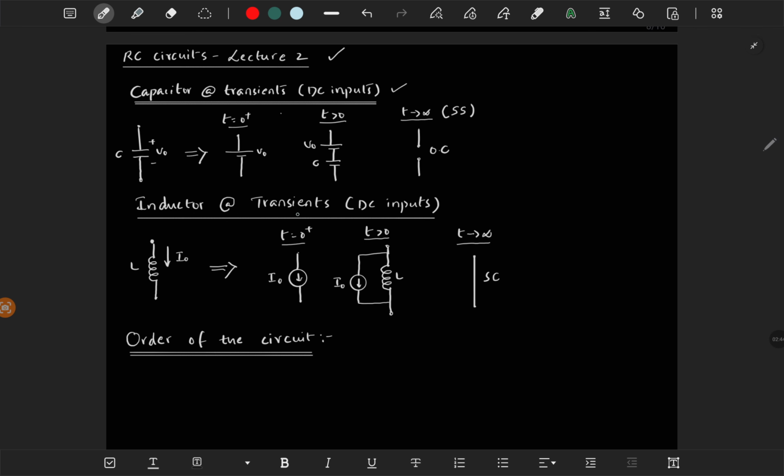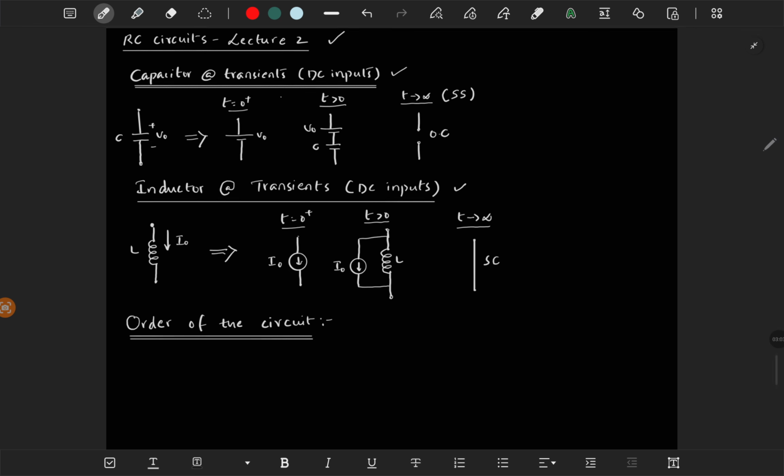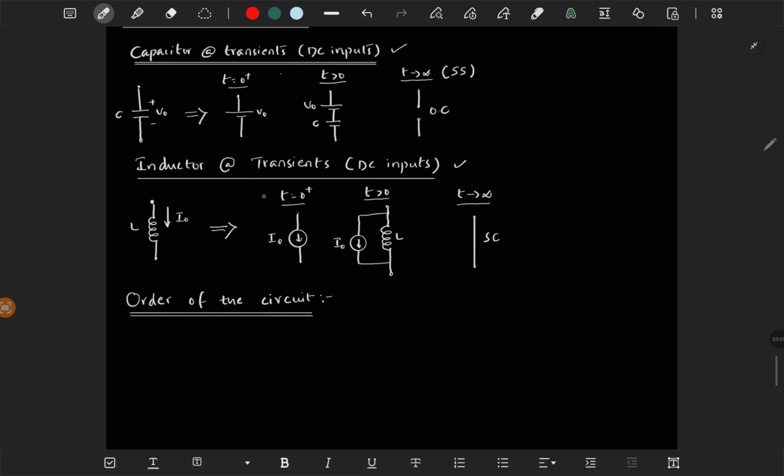And similarly for the inductor at transients, this is also only for DC inputs. We will discuss later what will happen to the capacitor for AC inputs. We will actually keep the capacitor the same; if we solve some problems, then we will understand it better.